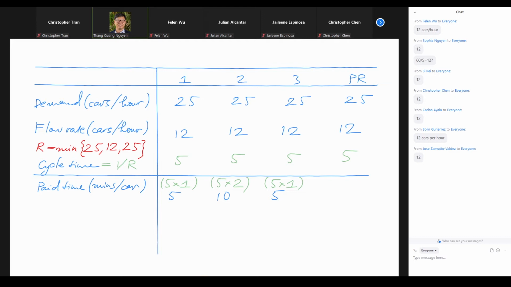So the total has some good meaning, right? We would add 5 plus 10 plus another 5, then the total paid time. So total paid time will be 15, right?